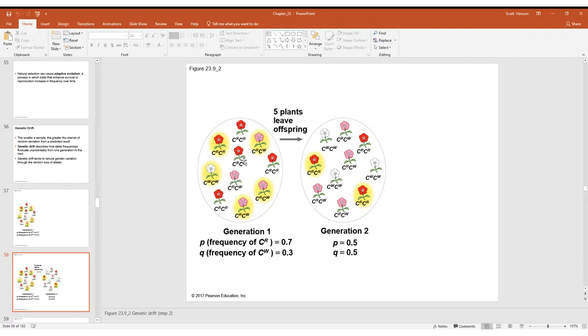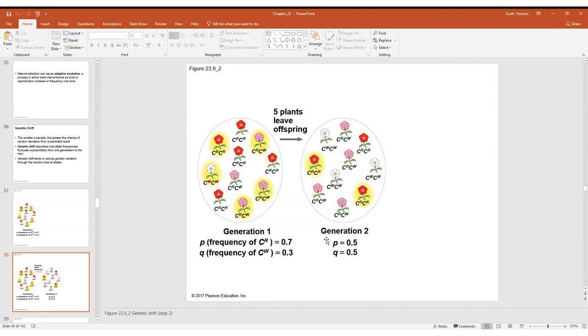So basically, just a small number, just 5 of the plants actually leave offspring, and just by random chance, fewer red ones are left to leave offspring, but more white ones are left to leave offspring. And so that means in generation 2, the allele frequencies have changed a little bit, just at random.